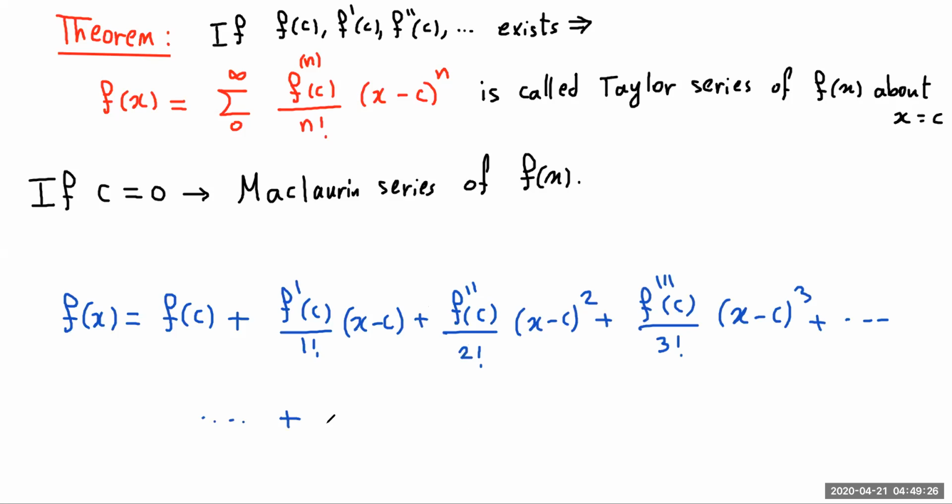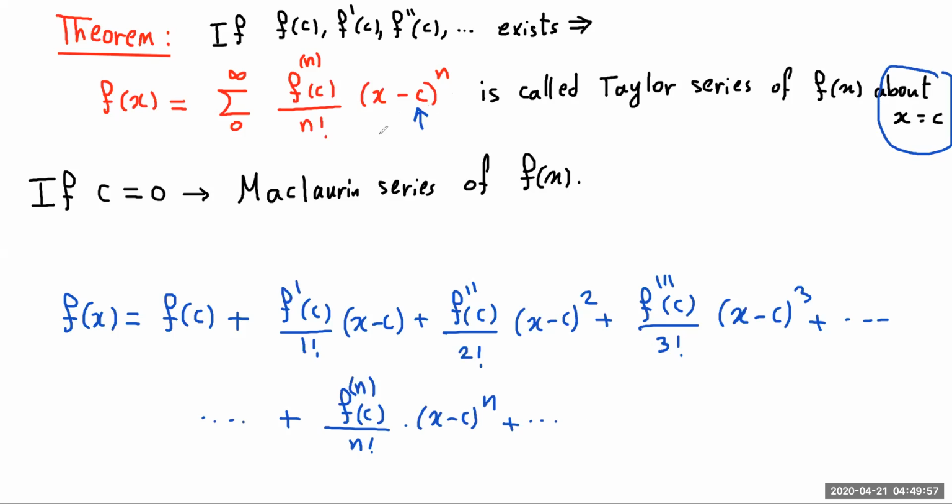So what is the general formula? For n, it will be this term, derivative of order n at c over n factorial times (x minus c) power n, plus without stop. So this series is called the Taylor series of the function f about c, because here I have the center c.